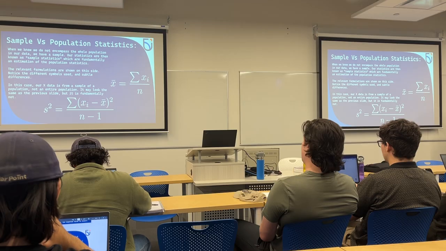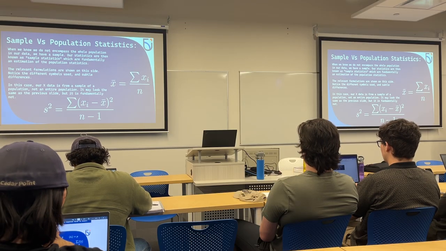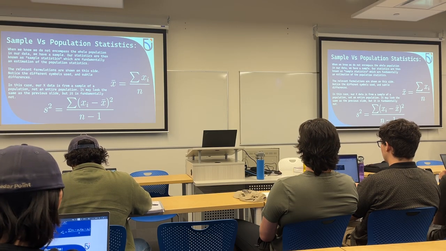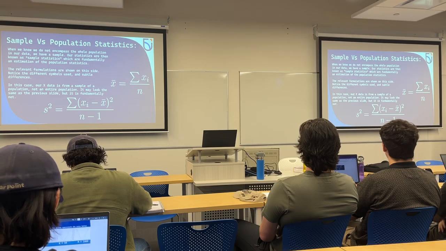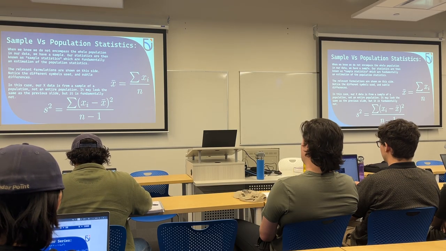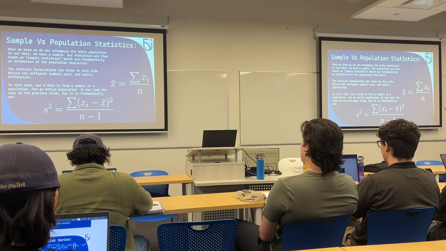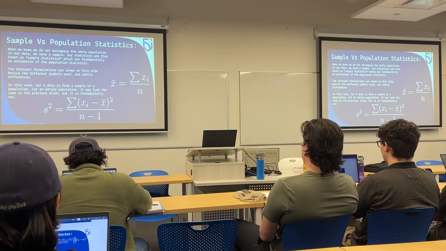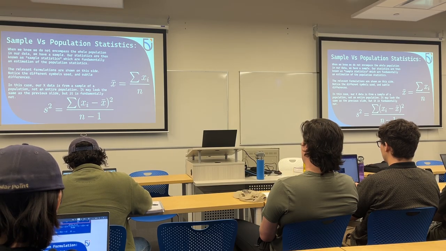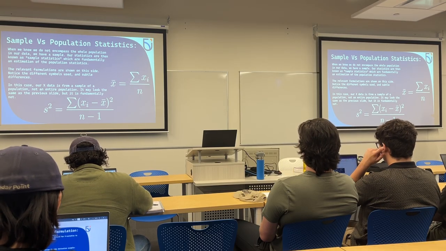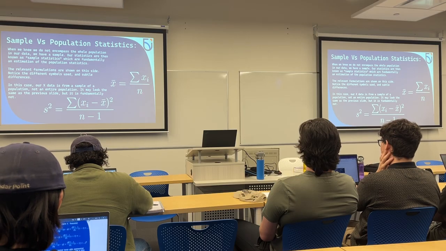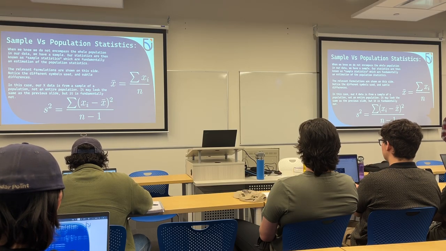Now there's a couple ways of justifying this. If you want to look at a full proof, send me an email, because I'm not going over that. We don't have enough time. If you want to look at it on your own, this is called Bessel's correction, and it can be proved mathematically. The very hand-wavy explanation that I'm going to provide comes from degrees of freedom.